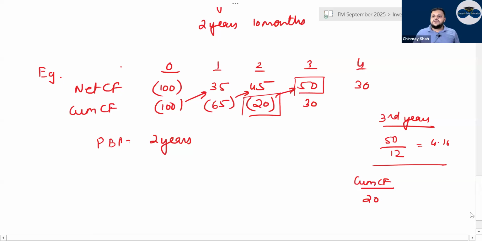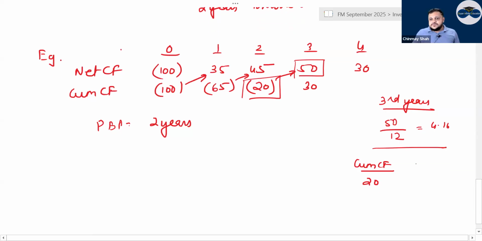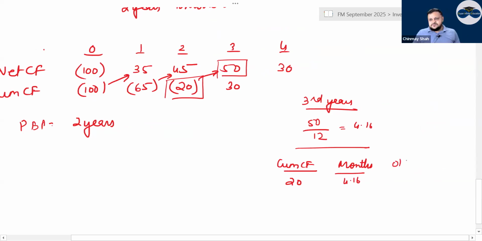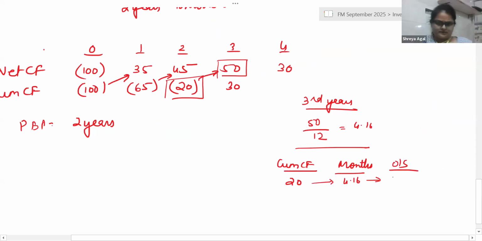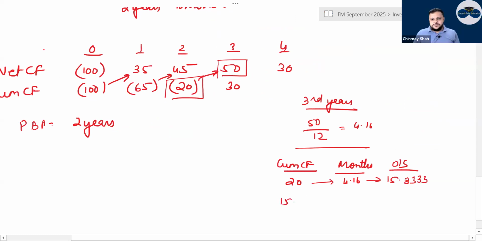So sir, see, at the start of third year, cumulative cash flow, 20 is to be received. Sir, it is received in months. First month, how much did you receive? 4.16. So how much is still outstanding? From the 20, 4.16 received, how much is it? 15.833.